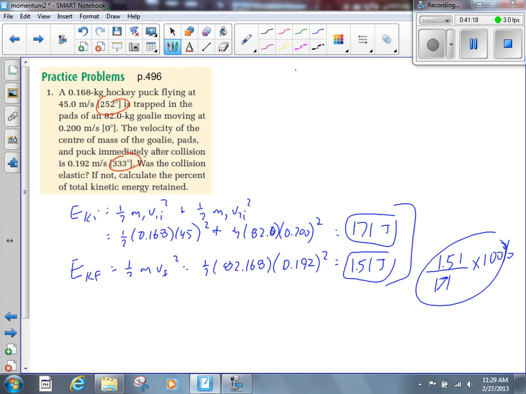I just wanted to point out that it's not different, because my fear, if you encounter something like this with 2 dimensions, is that you would try to break it up into x and y components and do something different than we've already done. You don't need to do that. Courtney? Yeah, if they hadn't given you the final velocity, then you would have to find it, and then you'd have to do a 2-dimensional conservation of momentum.